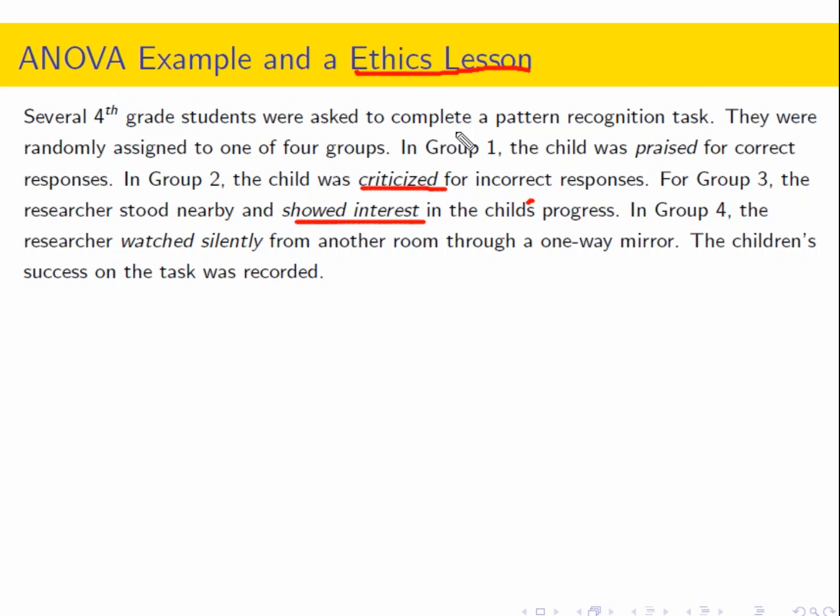So they must have done a lot with these parents to get authorization to randomly select people into the criticized group. But anyway, yes, there's some ethical problems with what we're doing, and I don't know what the researchers did or what they were trying to accomplish.